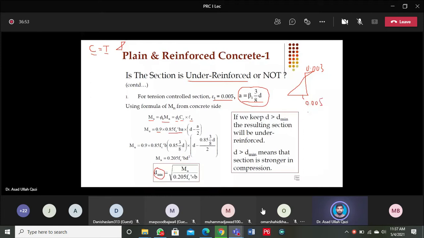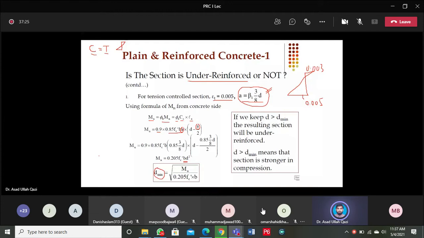So I am replacing this a with that value, which I know from the strain diagram will be beta 1 times 3 over 8 d. So once I substituted that and simplified it, I got this simplified right hand side, 0.205 fc prime b into d squared.